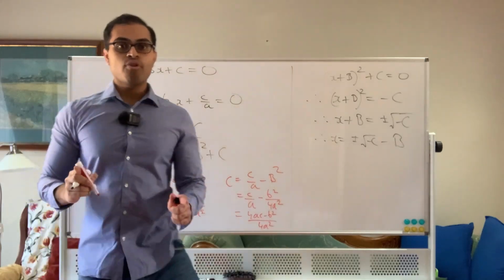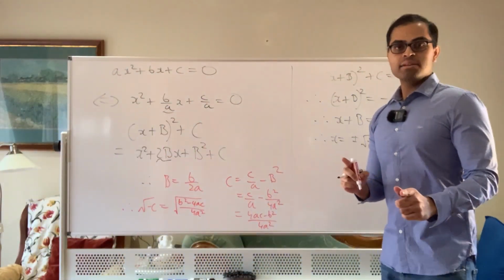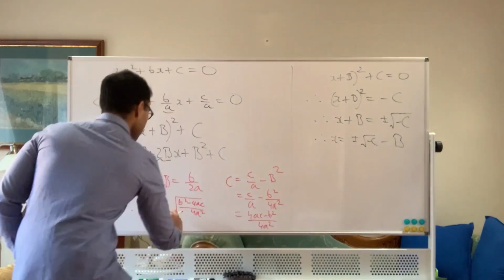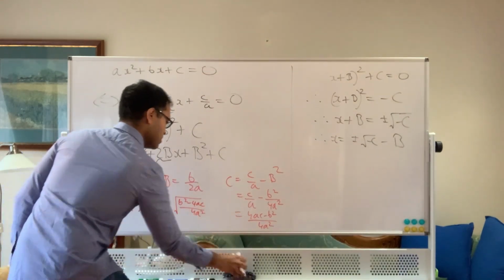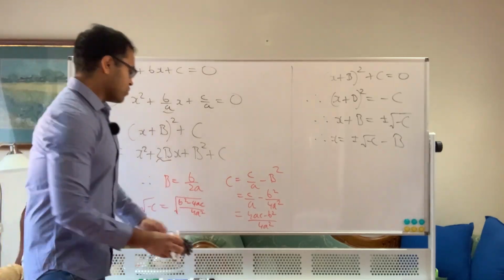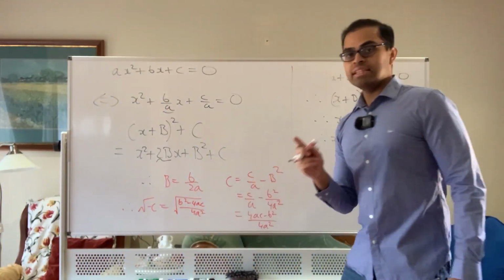And the square root of 4a squared is just 2a, because 2a times 2a is 4a squared. So the root of negative C is the square root of b squared minus 4ac, over 2a.